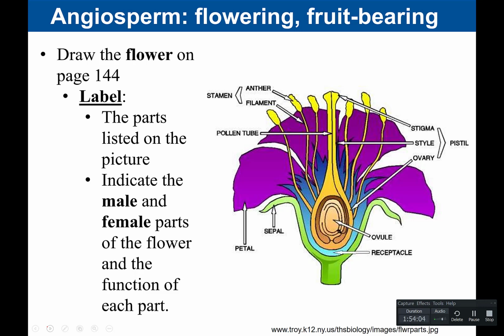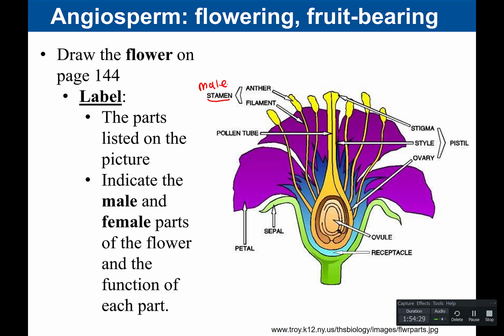So what you're going to draw for the angiosperm, and this is on page 144, it says draw the flower. You need to draw this flower, and you need to label the following parts. So the stamen, the way I remember this, the stamen is the male part of the plant.